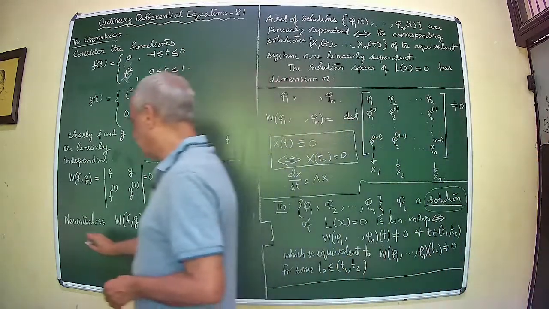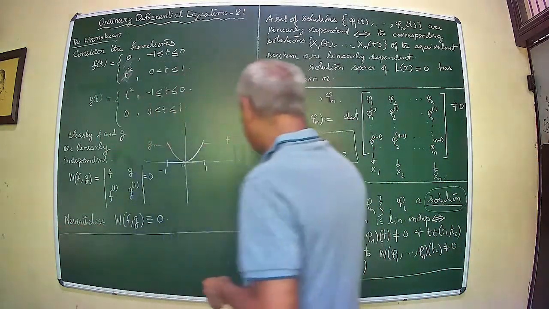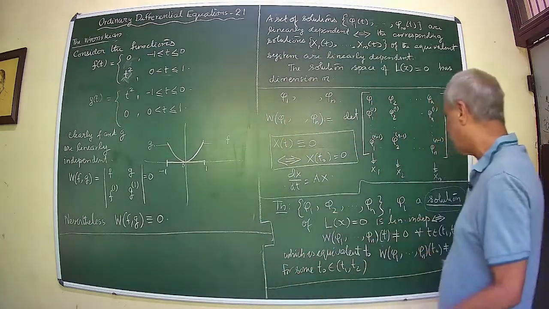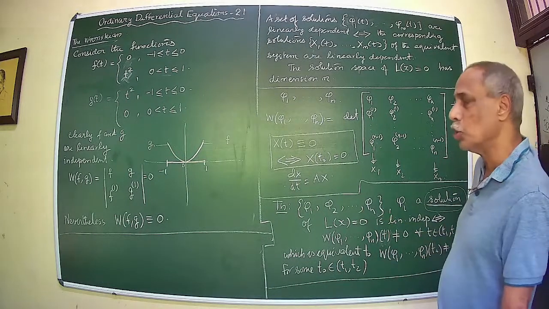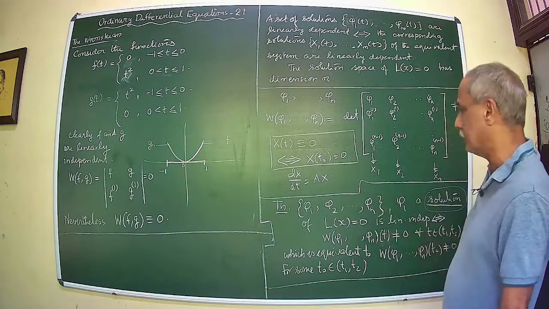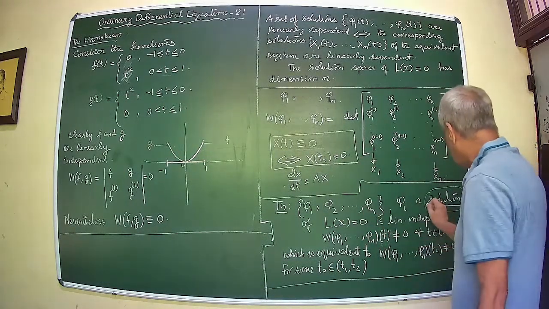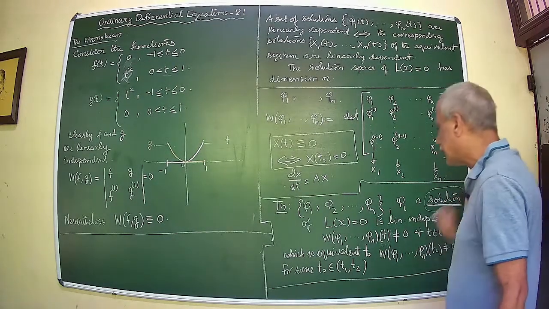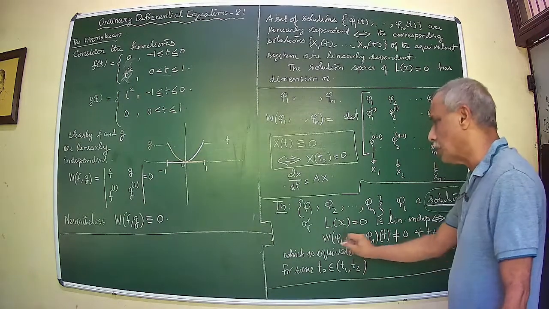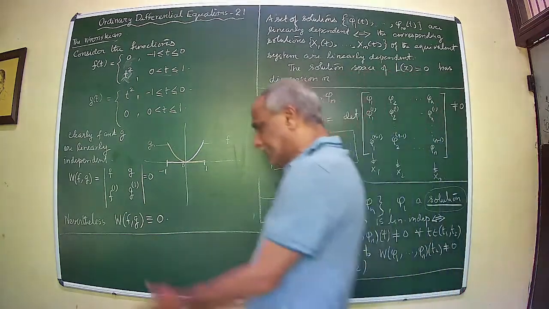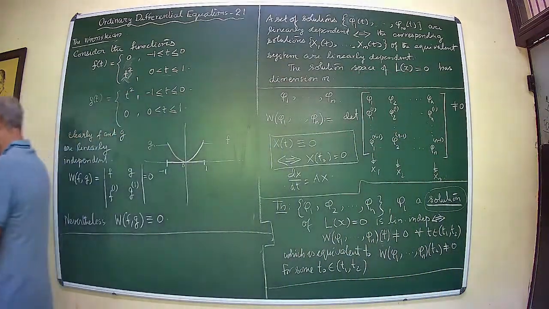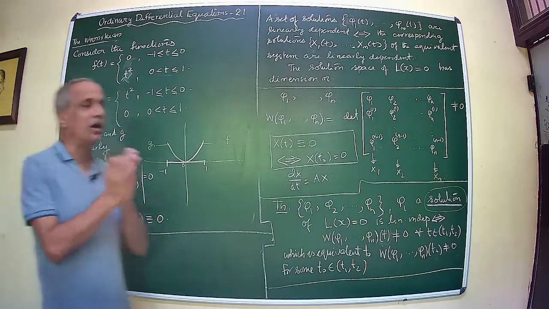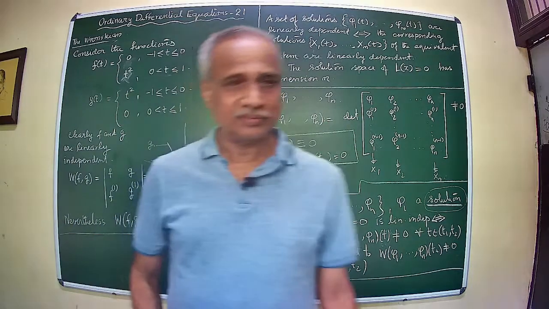So let us see the power of these functions being solutions of the homogeneous equation. Since they are solutions of the homogeneous equation, I underline this, you will see that the Wronskian is either equal to 0 everywhere or not equal to 0 anywhere.